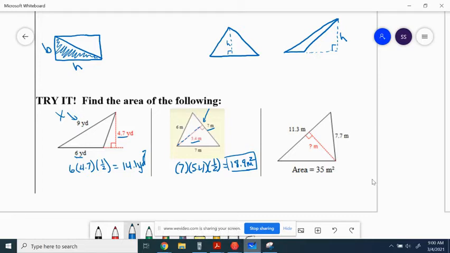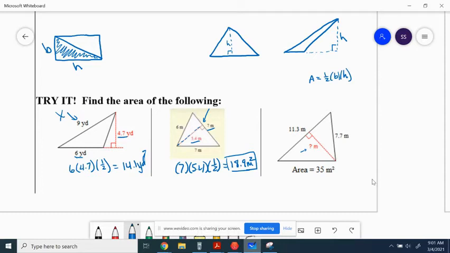All right, this last one, we have another example where we're given the area, but we're missing a piece of information. In this case, it would be the height, okay? So let's write the formula down here. Area is equal to 1/2 times base times height, all right?